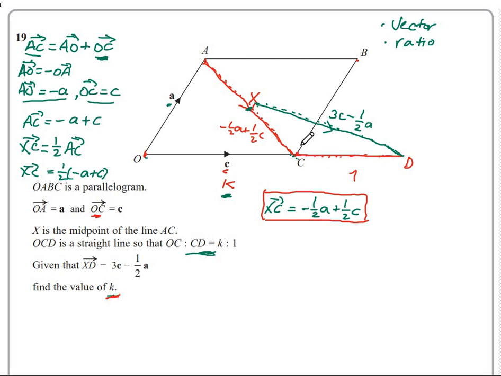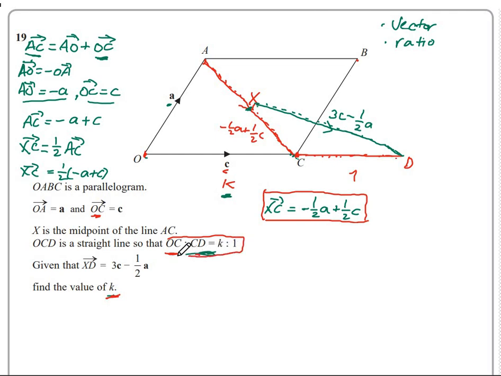So let's see. Okay, so we still can't really work backwards because we still don't really know what we're working backwards from. So how about we now find CD? Because CD is given. We have OC, CD, and we want to find K. So if we want to find K, we're paying attention to this part here, right?